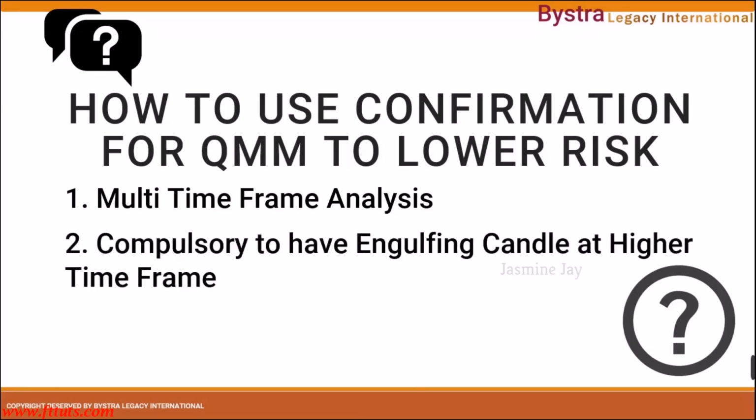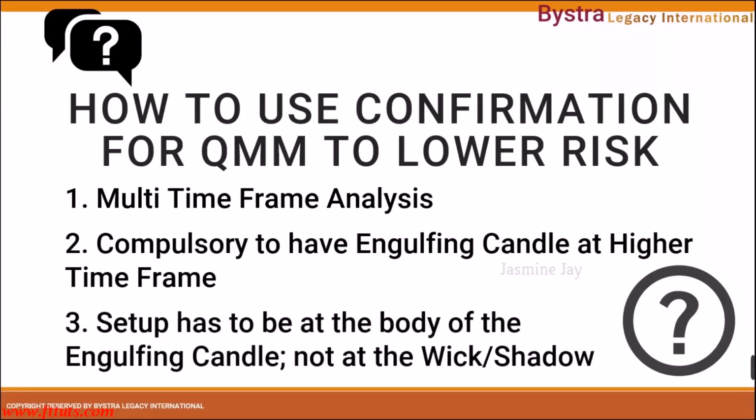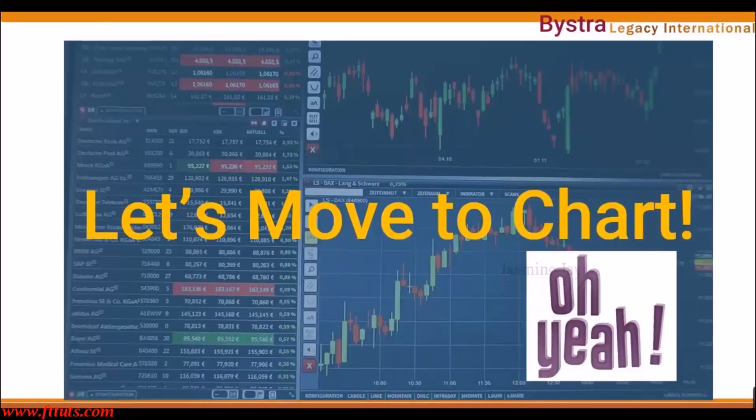Secondly, it is compulsory to have an engulfing candle at the higher time frame. And third, the setup has to be at the body of the engulfing candle and never at the wick or at the shadow of the engulfing candle. These are considered very high risk.